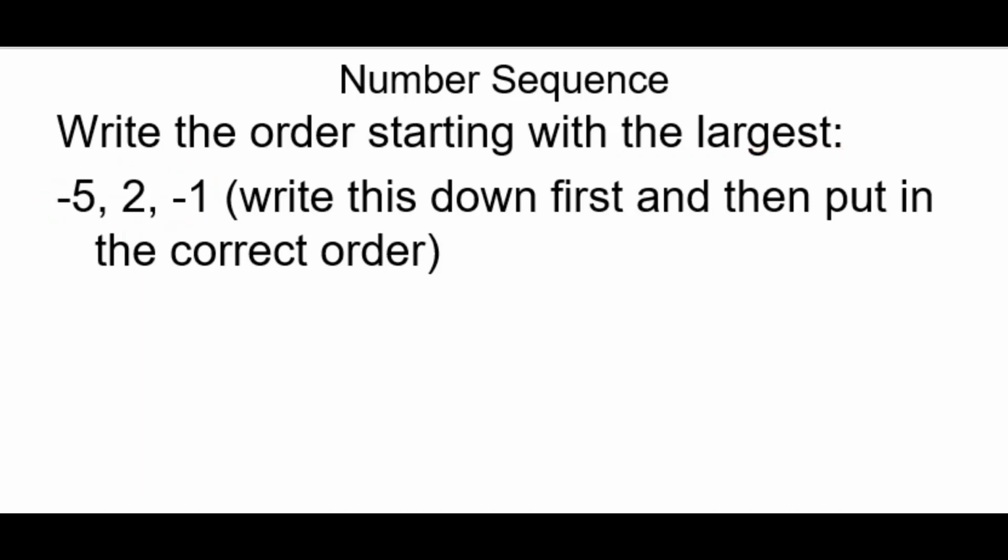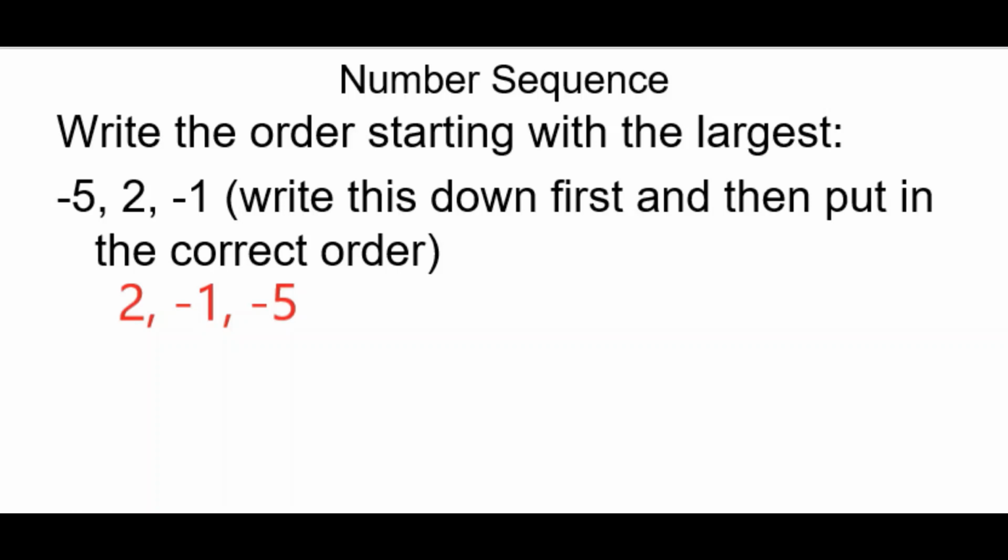The directions say, write this down first and then put it in the correct order. So basically you want to write this in the correct order, starting with the largest number. So the correct sequence would be 2, -1, and -5.